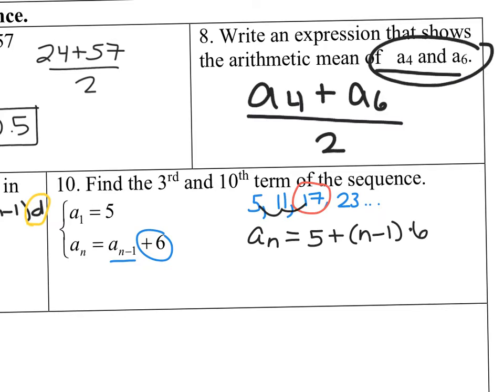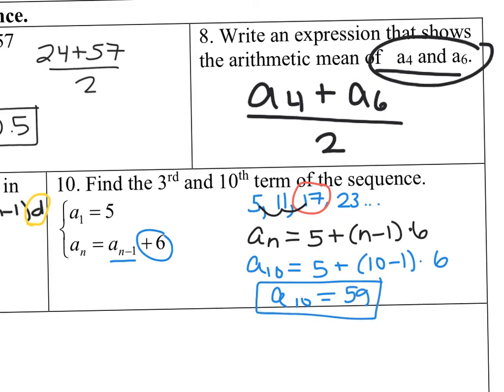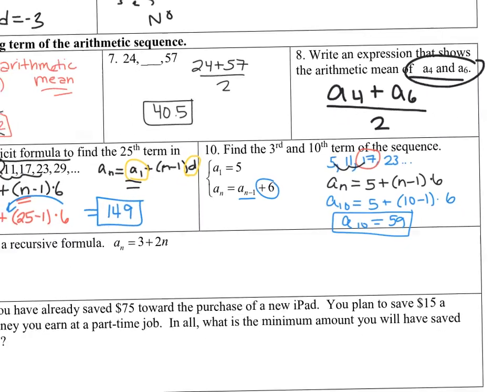So to find the 10th term, I'm going to do a sub 10 equals 5 plus 10 minus 1 times 6. So it's going to be 59. So again, I could just use the recursive formula and keep going, but I wanted to practice that.